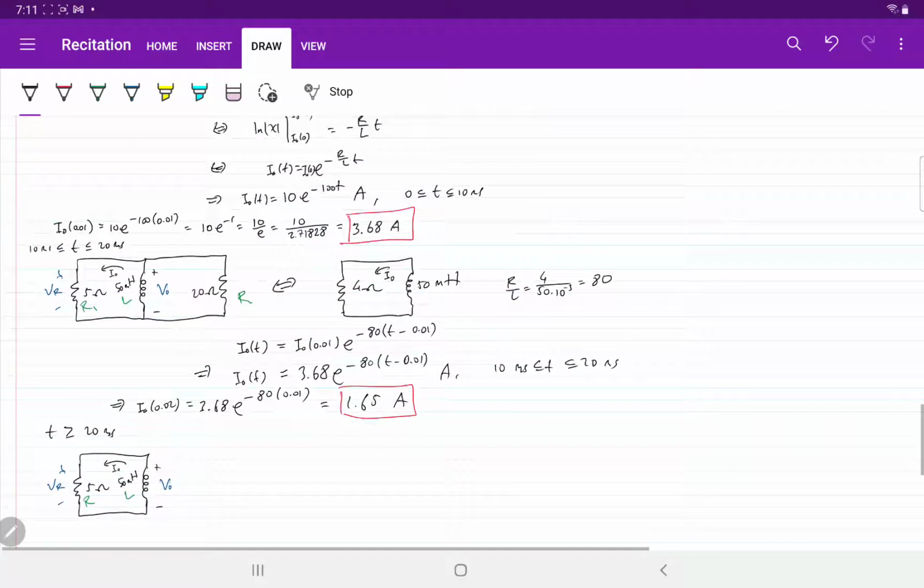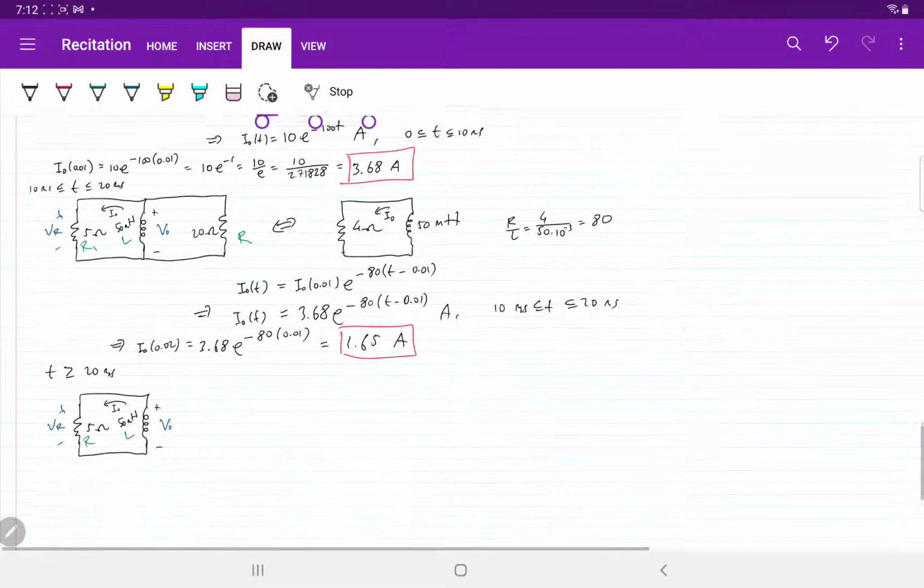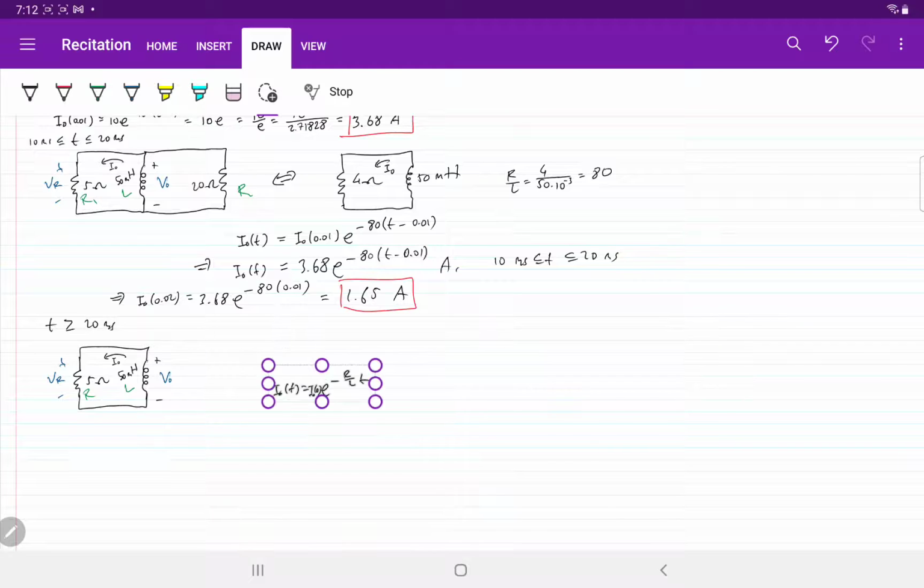Okay, so we have the same expression as this one here, where R over L is 100, right?